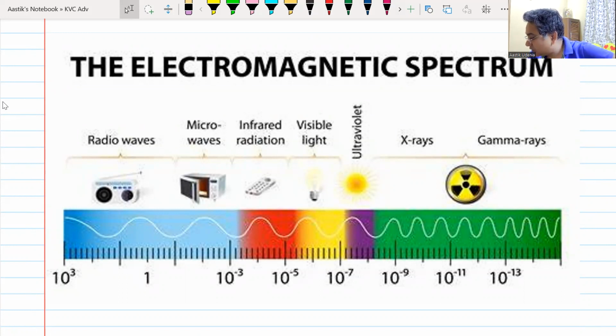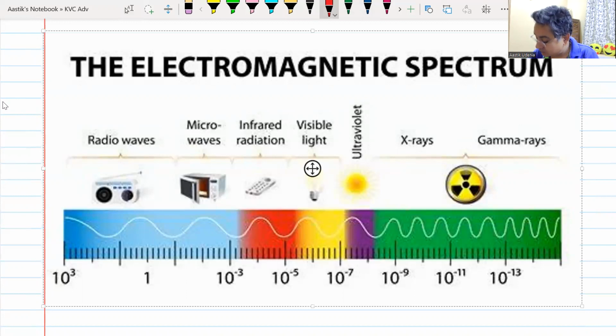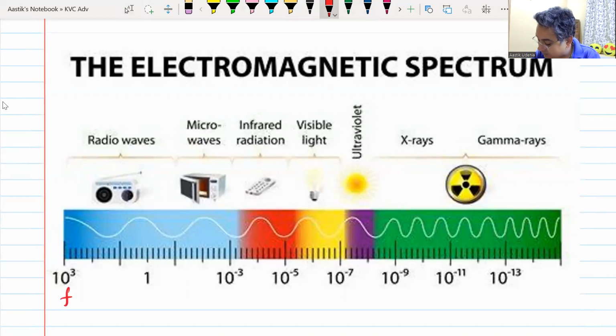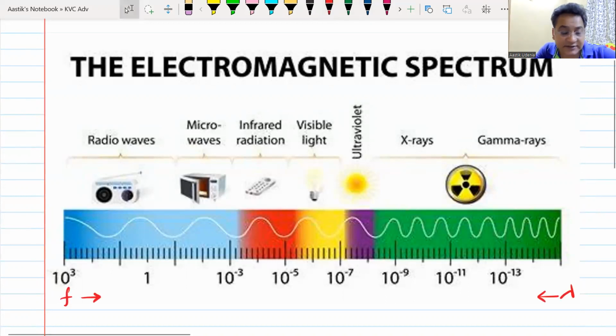As you can see over here, this is written in increasing order of frequency. Frequency is increasing, and wavelength is decreasing.